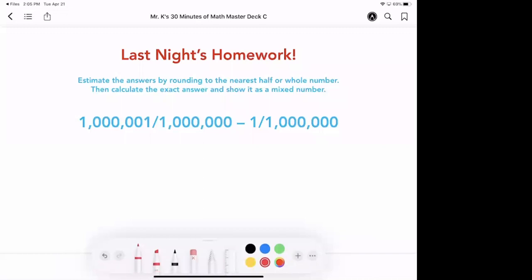We had this crazy looking problem, which was 1,000,001 1,000,000ths minus 1/1,000,000th. So I'm going to write it like this.